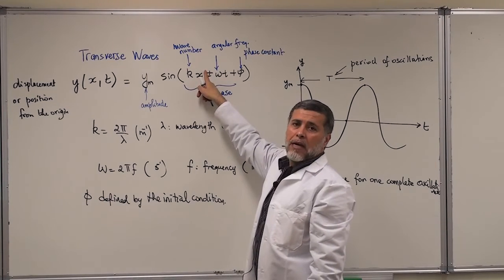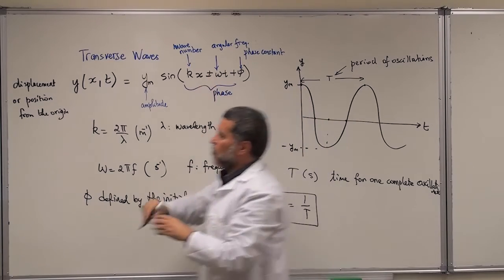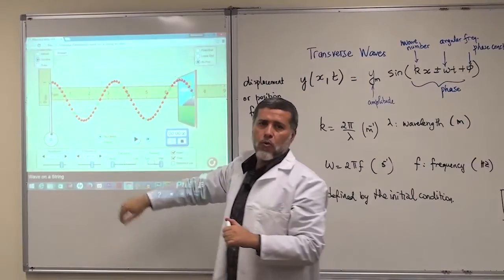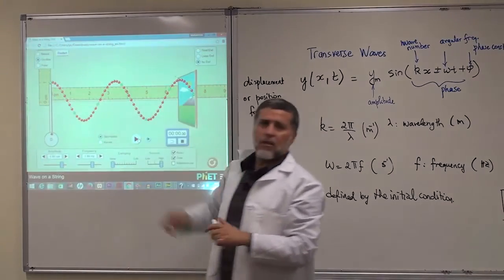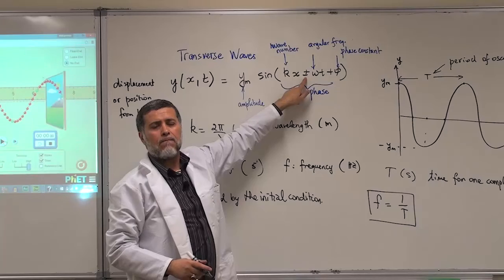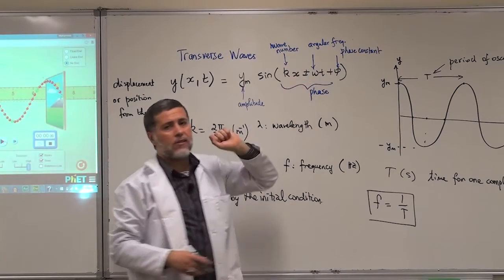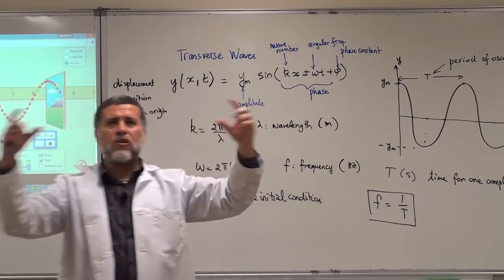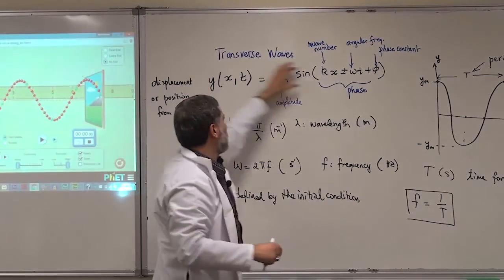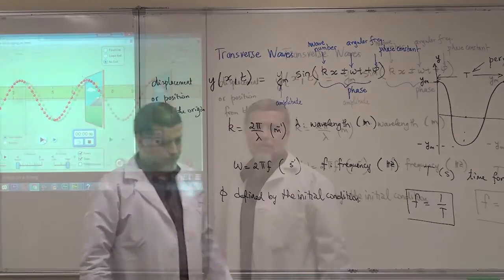The wave can be moving to the right or to the left, as I showed you before. In this case, the wave was moving to the right. So if the wave is moving to the right, we have to put a minus sign, and if the wave is moving to the left, the sign will be plus. So by looking at the equation of the wave, you can tell in which direction the wave is moving.